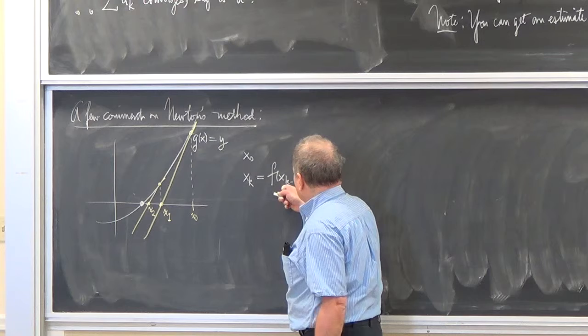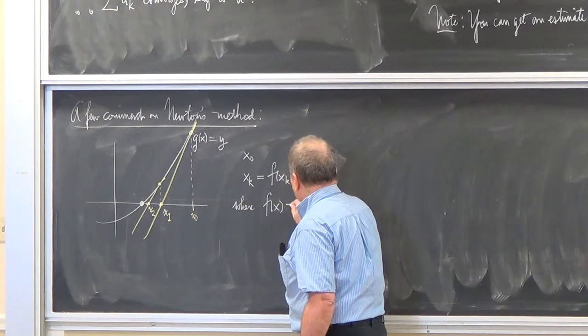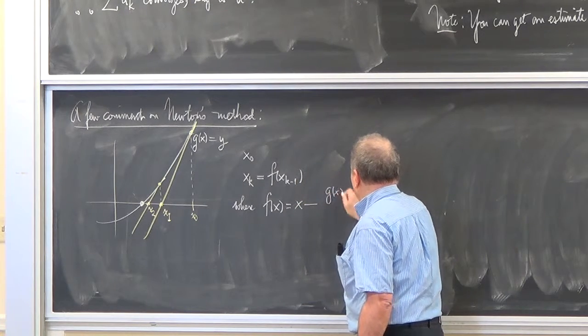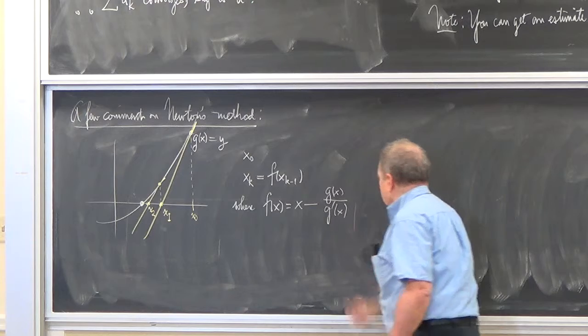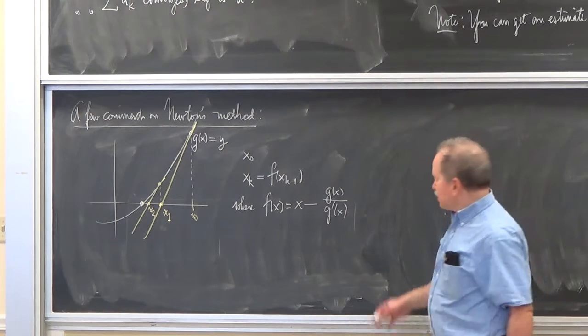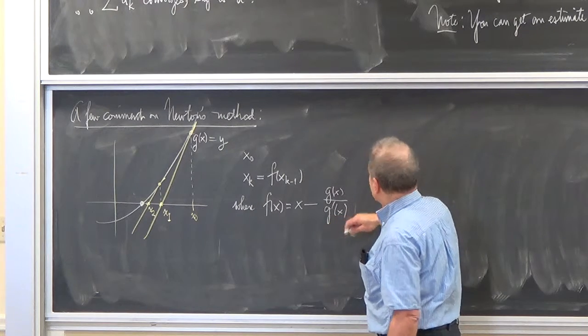So what's the function we're iterating? Well, let me just remind you, I said on Monday how this comes about, but since some of you have never seen this, let's quickly do it.